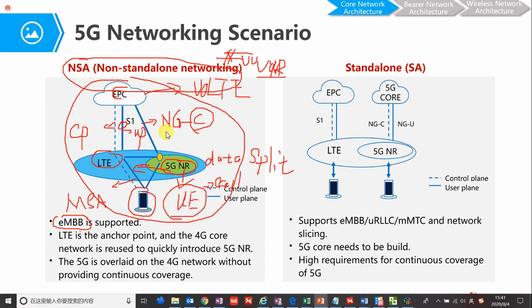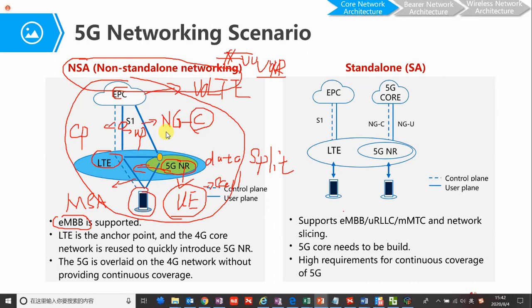LTE base stations have been deployed very well, and the operator can't deploy the SA network directly because it needs a bigger investment. In the earlier stage, most users just need high throughput, not URLLC. So NSA mode is enough to provide the service.